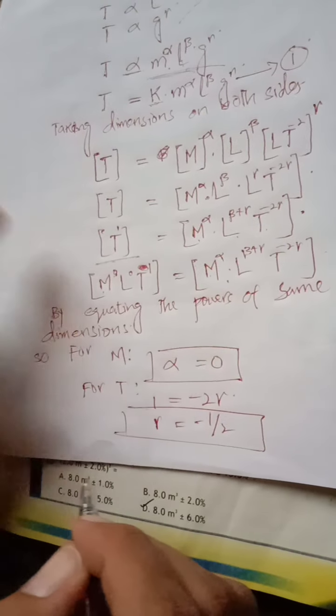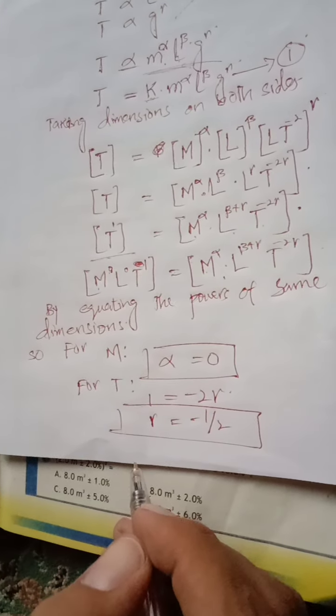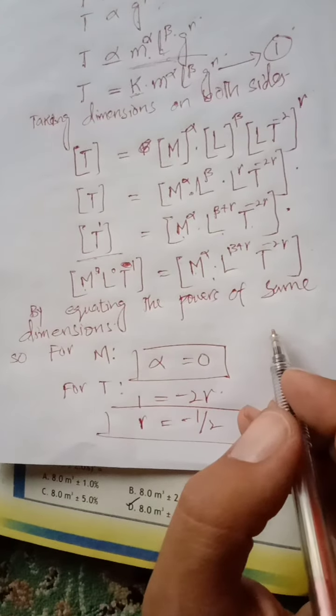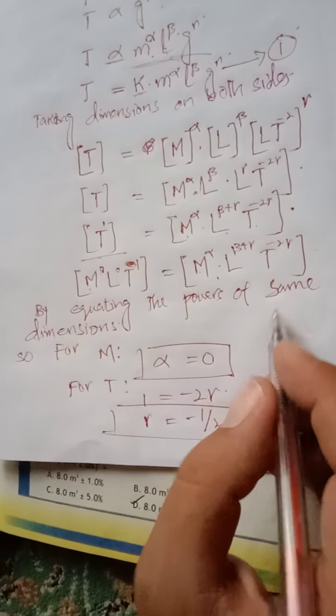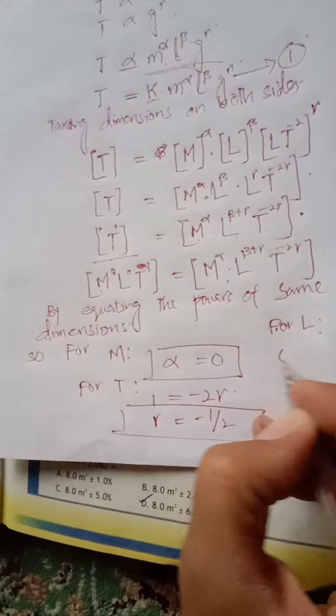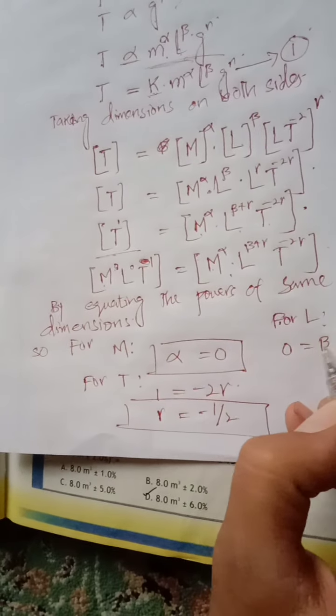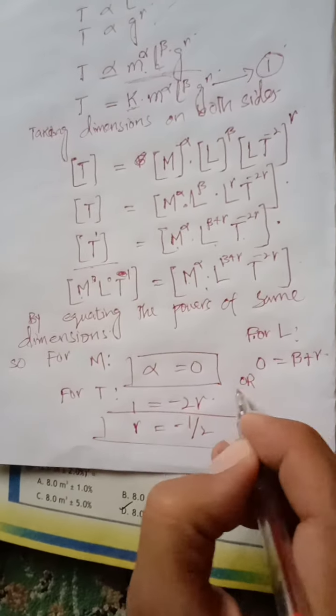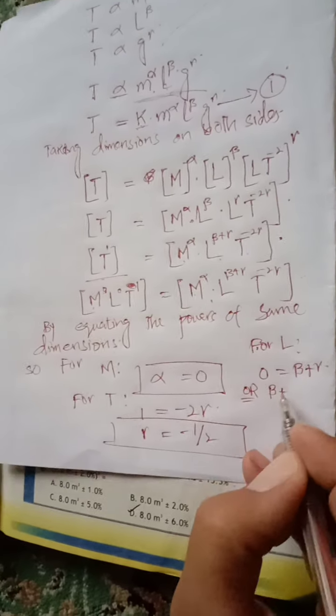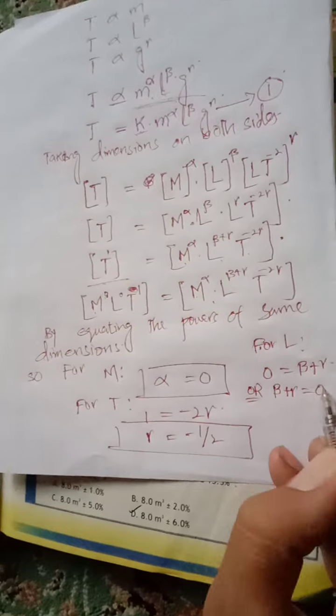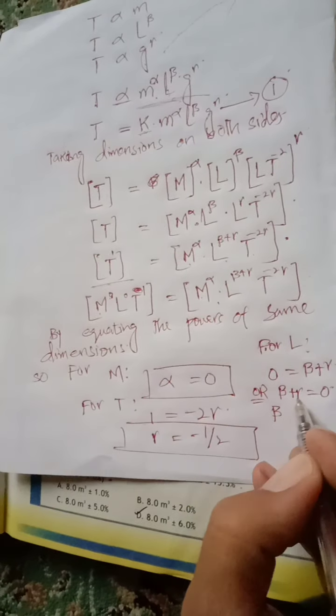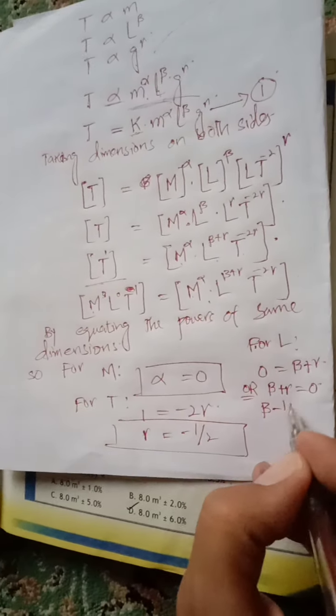And now we can easily find the value of beta just by equating the powers of L, which is 0 is equal to beta plus gamma. Or we can also write this as beta plus gamma is equal to 0. We know the value of gamma, which is minus half.